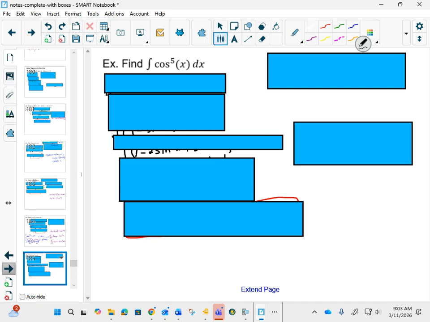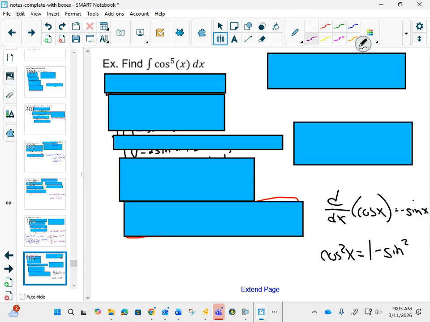So for cos, I know that, off to the side, d dx of cos is negative sine. I know that cos squared x is 1 minus sine squared x.